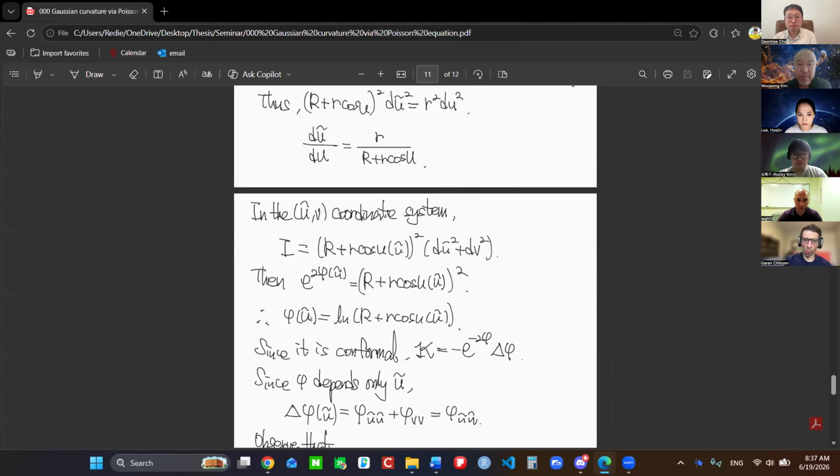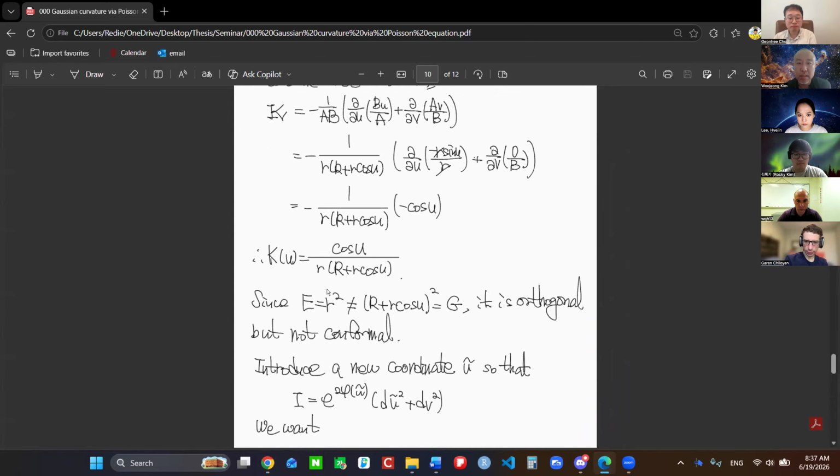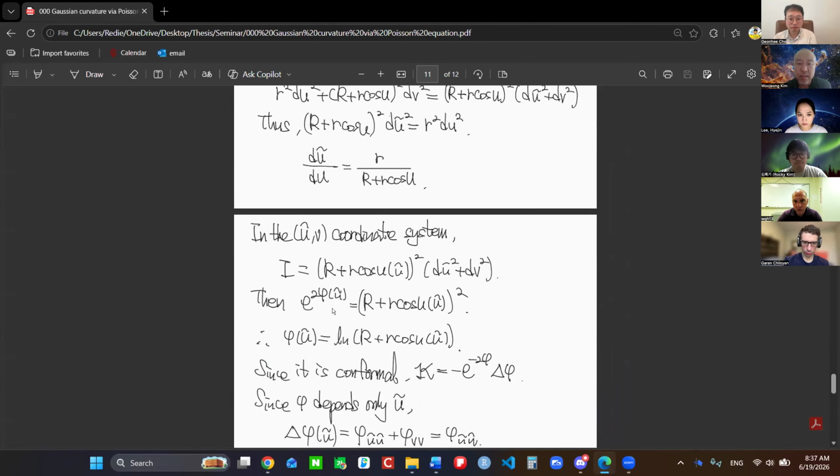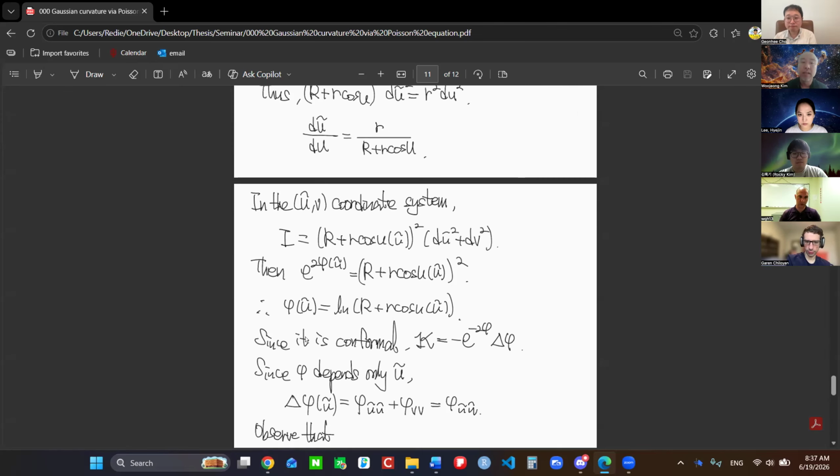Then we have this. It was e to the 2 phi of u tilde. Therefore, the Laplacian of u tilde is log of R plus R cosine u, in terms of u tilde.